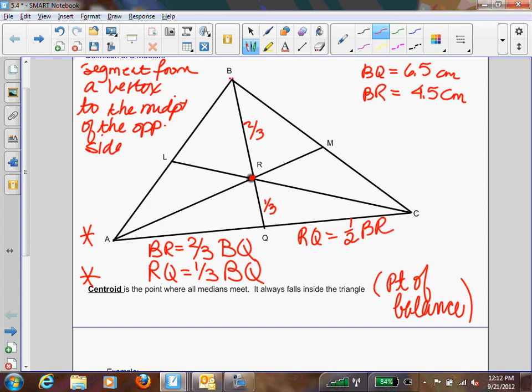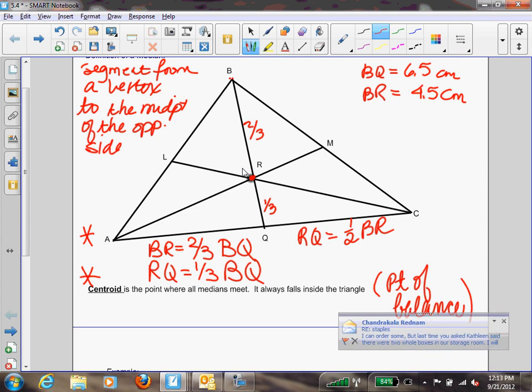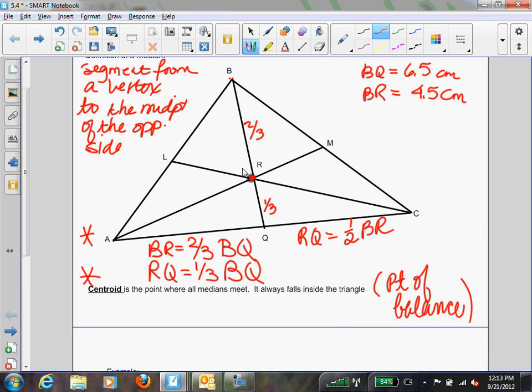That's right. These are the relationships that you want to be able to remember. So in other words, if BR is 8, what's RQ? If the whole thing is 12, what's RQ? 4, because you're going to take 1/3 of the entire length. That leaves us 8.